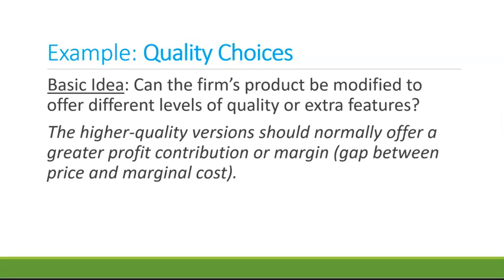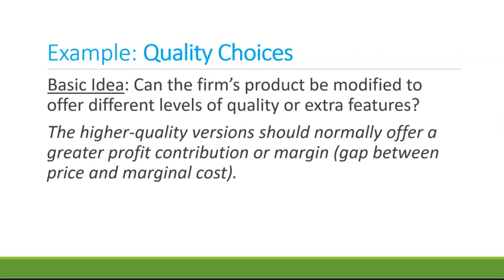In other words, the greater should be the gap between the price that we're charging for a higher quality product and the marginal cost of producing it. The basic idea there is that it doesn't make much sense to sell a higher quality version if we could get a greater profit contribution from the more basic product.